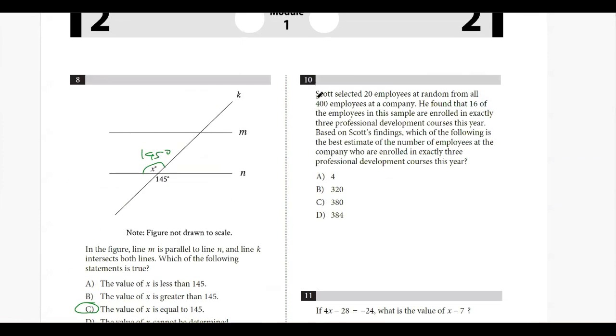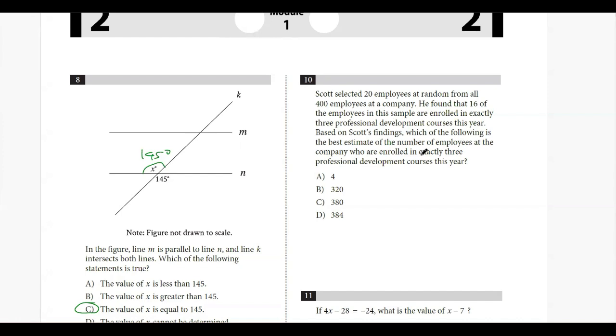Okay, question 10. Scott selected 20 employees at random from all 400 employees at a company. He found that 16 of the employees in this sample are enrolled in exactly 3 professional development courses this year. Based on Scott's finding, which of the following is the best estimate of the number of employees at the company who are enrolled in exactly 3 professional development courses this year?